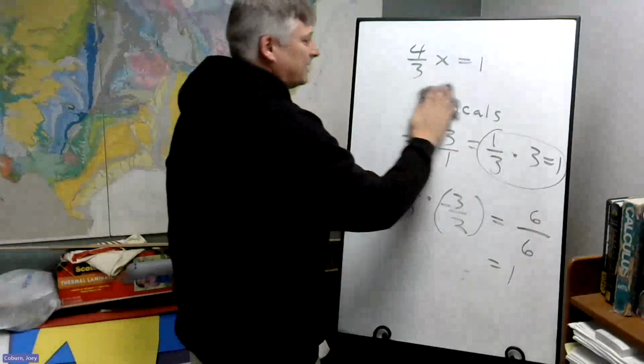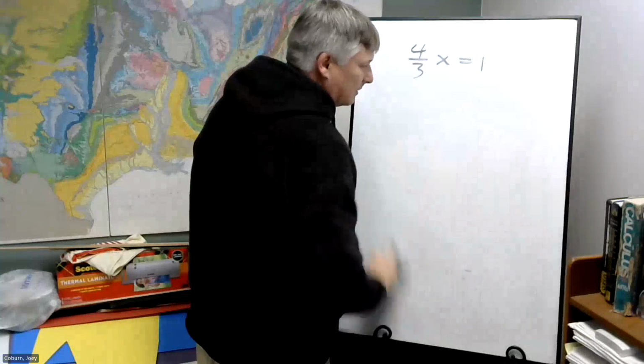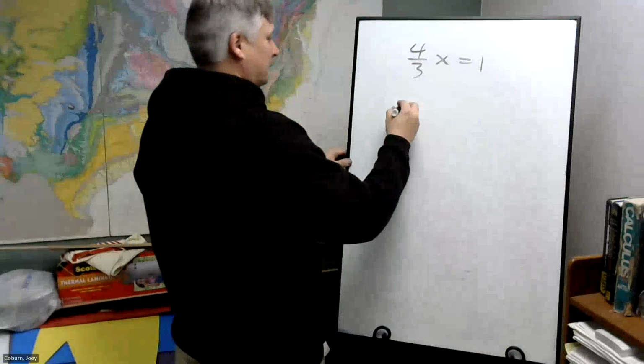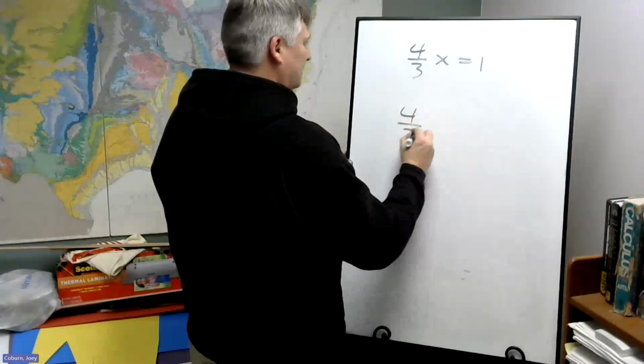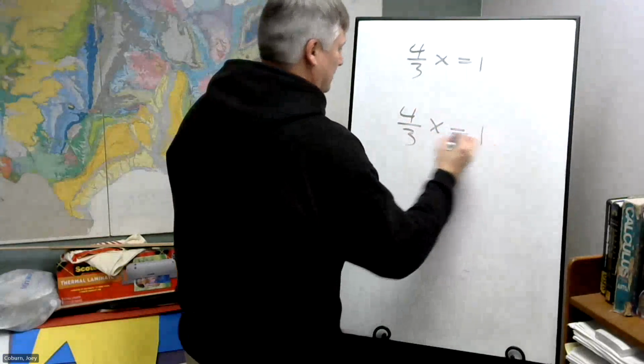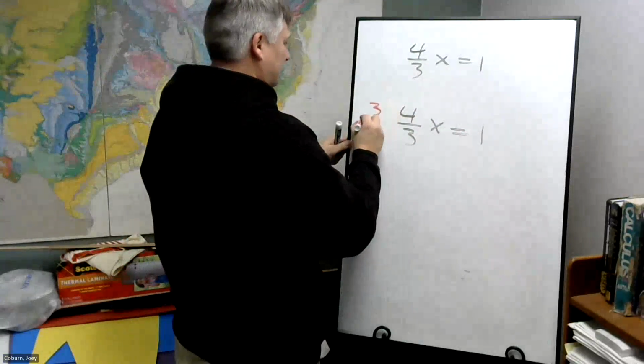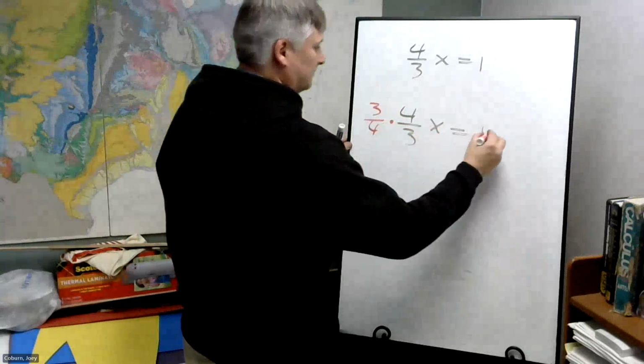So a common thing you'll see people do with fractions is use these reciprocals. So what we'll do is we'll multiply by the flip or the reciprocal.